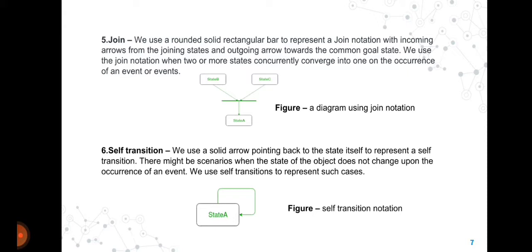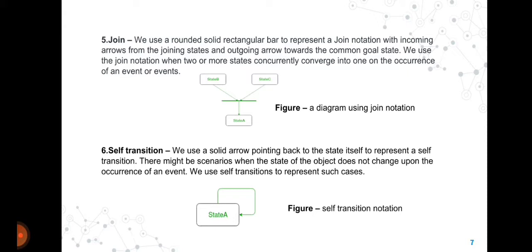If two states are joining to one state, then we use join. They have two incoming states and one outgoing state in that join. Here we have the figure of that.